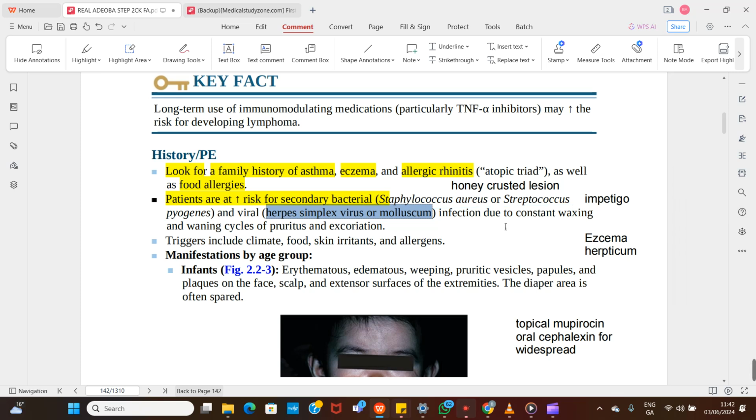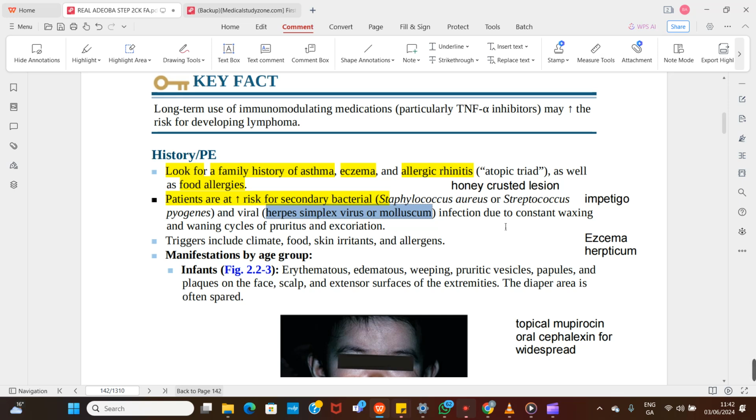We have been talking about this and we have not even described the lesion of atopic dermatitis itself. We're still going to get to it. All these things usually happen because of the constant waxing and waning cycles of scratching and excoriation, breaking the skin at the end of the day.